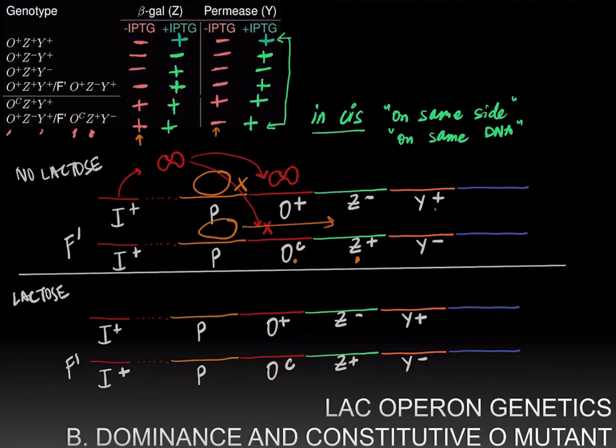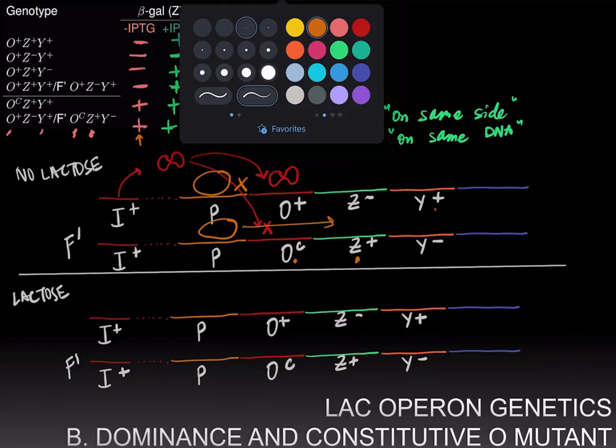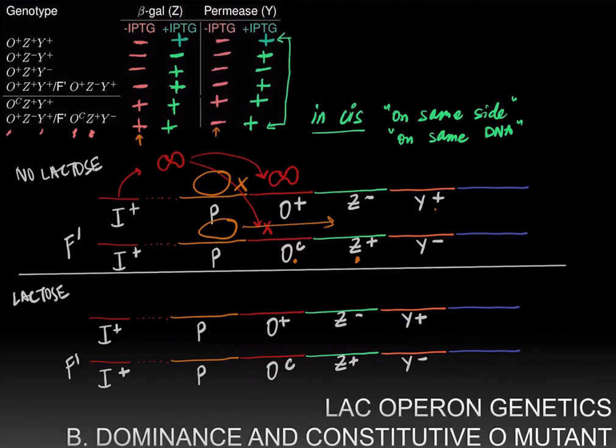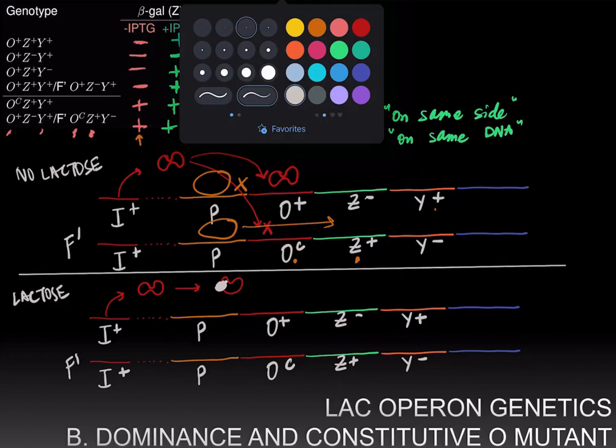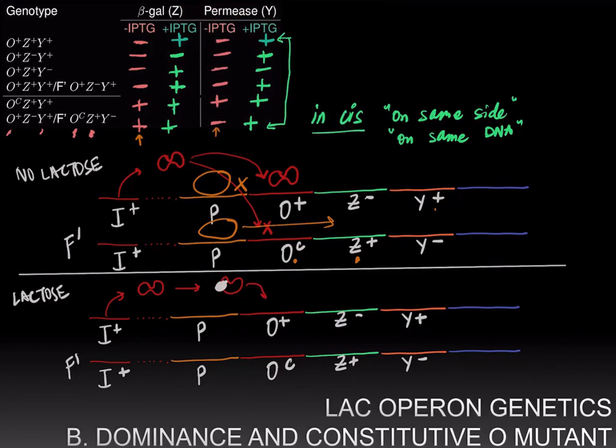Now, when we do have lactose, then the repressor is going to change shape because of allosteric induction, and then the repressor will not be able to bind the operator.